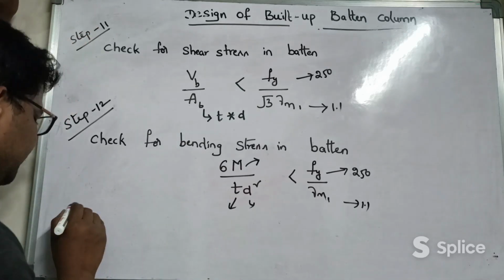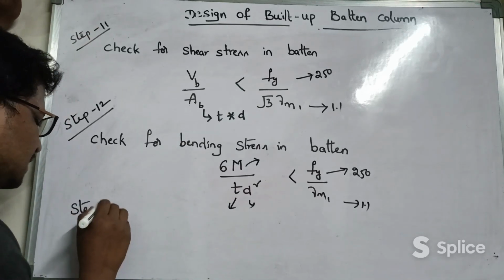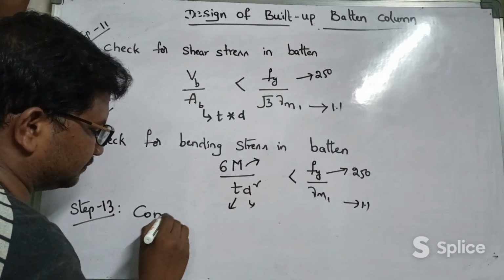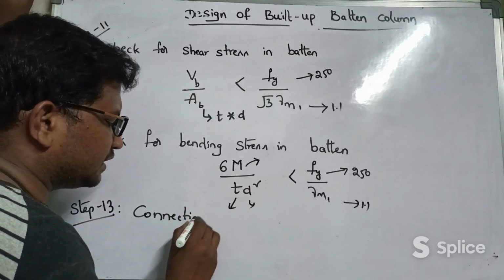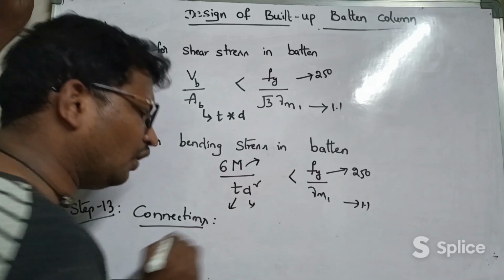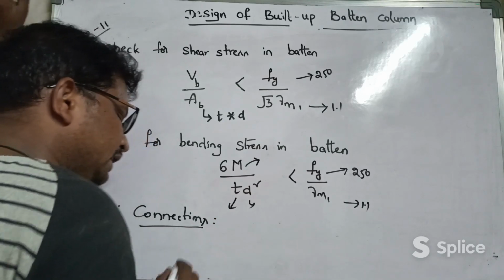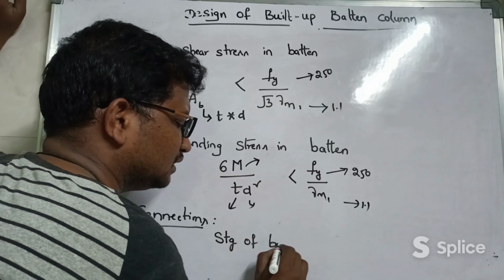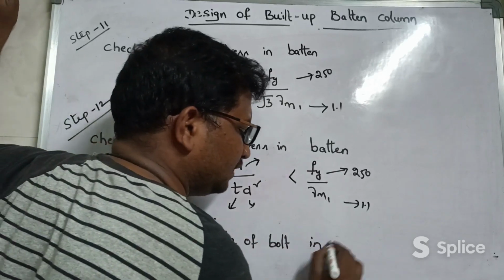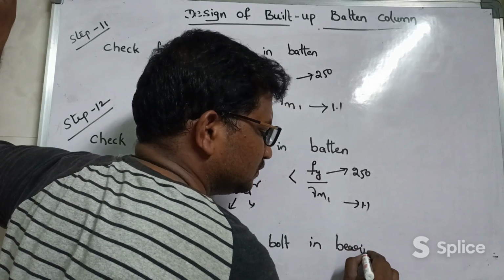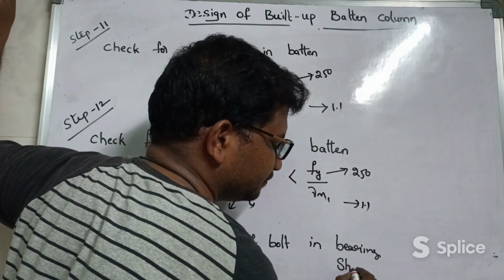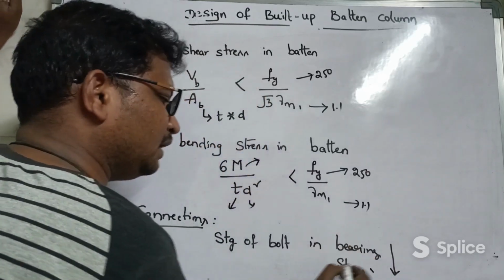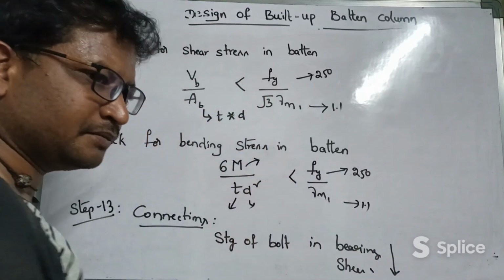And the last step, connections. We already know we need to determine the strength of the bolt, strength of the bolt in bearing and shear. The lower value of this one will be the strength of the bolt.